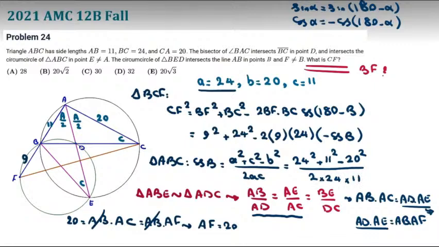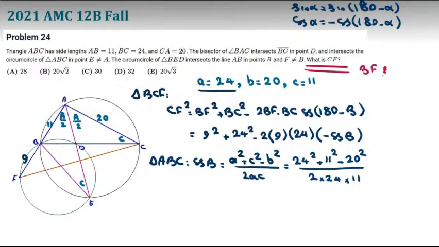So let me erase the rest. For calculating cos B, you should memorize squares from 1 to 30, all squares less than 1000. So 24 squared is 576, 11 squared is 121, minus 20 squared is 400, over 2 times 24 times 11.